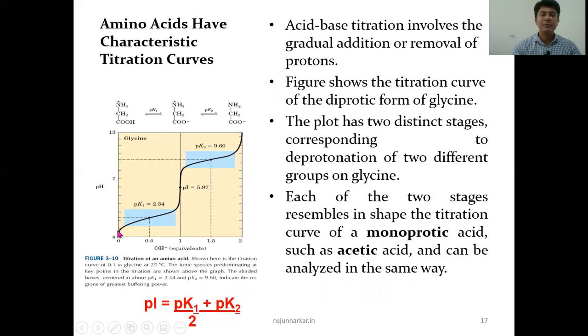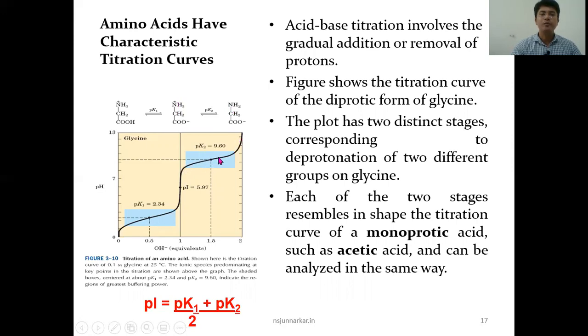So at very low pH, glycine will be protonated at the carboxyl group and at the amino group. When the pH increases, the carboxyl group loses the proton and the amino acid gets converted into a zwitterion.